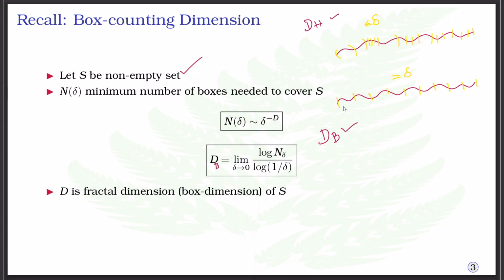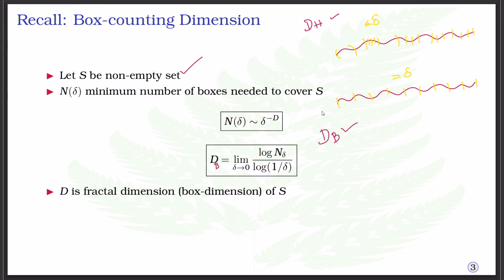But here, these boxes are just counting to cover the sets. What is inside the box is actually missing from both dimensions. Now in the multifractal measure, it will consider how the object is distributed over this region, inside each box, and it will assign the measure.